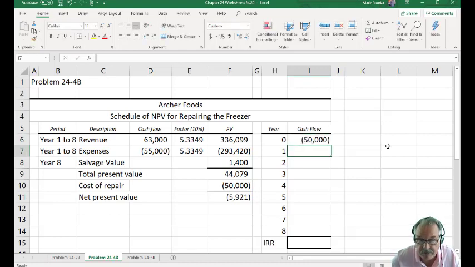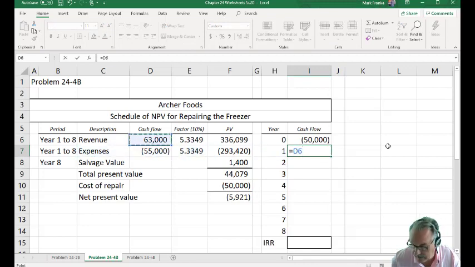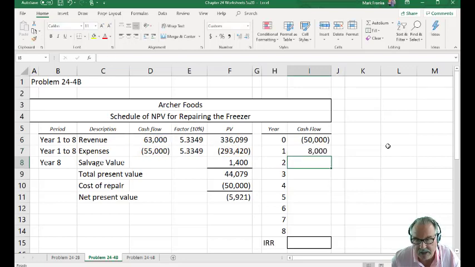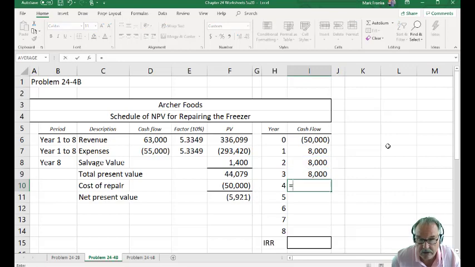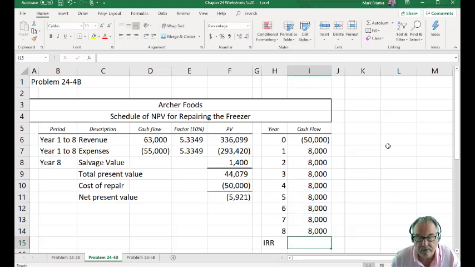So we're going to have 50,000 in the first year, negative, when we repair the equipment. Then we're going to have $8,000 every year for 8 years after that. That's the cash flow.